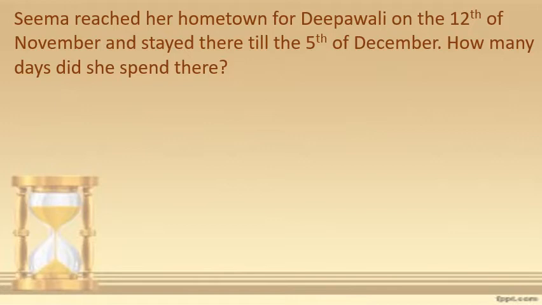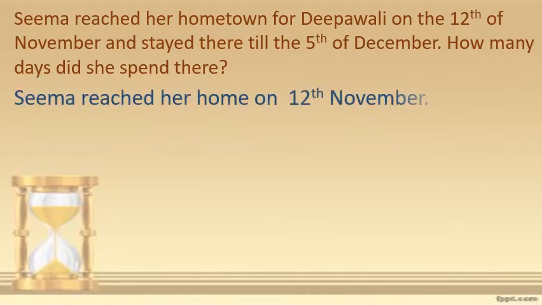Okay, we will start our sum. Now we will write Seema reached her home on 12th November. Means on 12th November she is there at her home. Correct? So means we can write here November has how many days? 30 days. Okay, November has 30 days and she reached her home on 12th November.